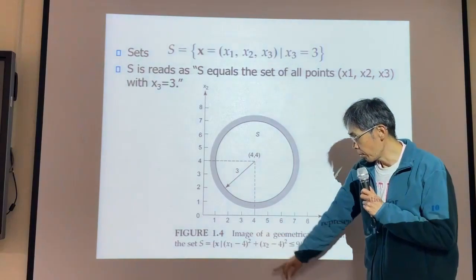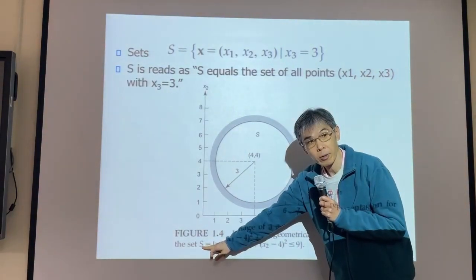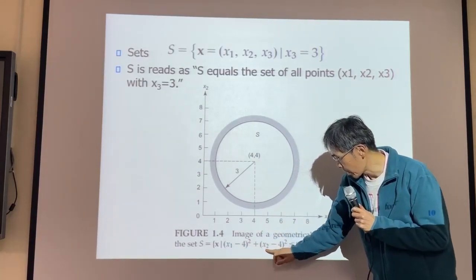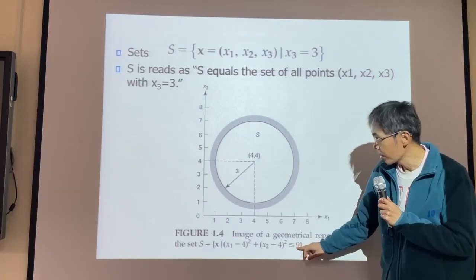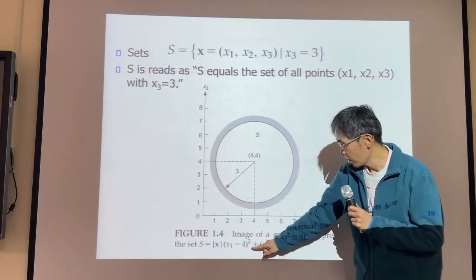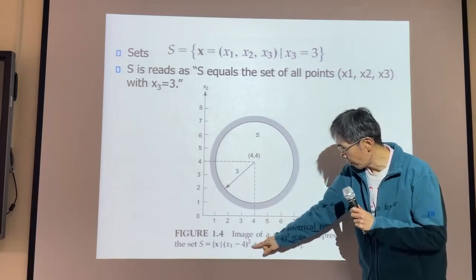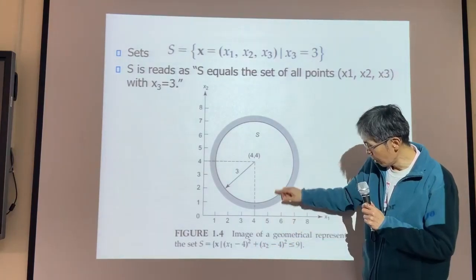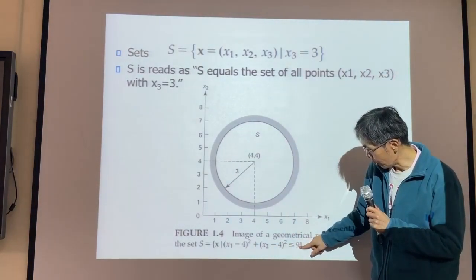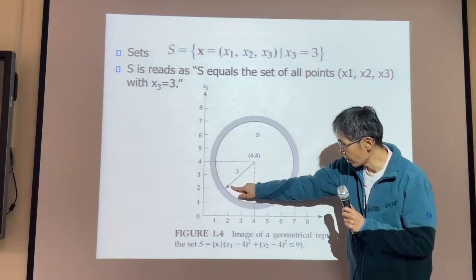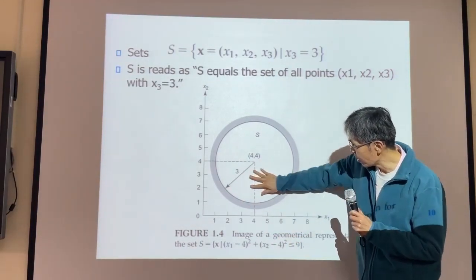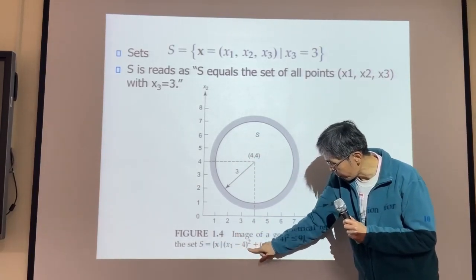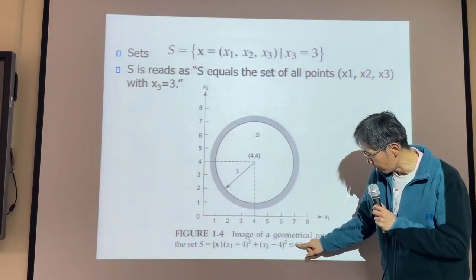So for this example, we have a set S. S is all points that satisfy (x1 minus 4) squared plus (x2 minus 4) squared less than or equal to 9.